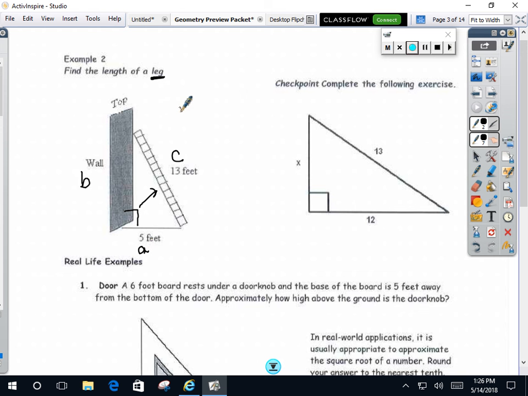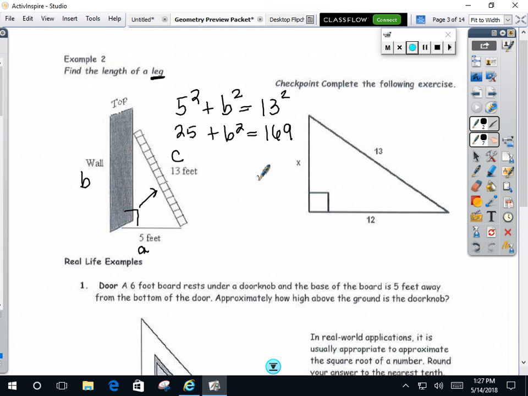So it would be A squared, which would be 5 squared, plus B squared, which will remain B squared because we don't know the B, that's what we're trying to figure out, equals C squared, which would be 13 squared. Now you simplify by squaring the 5 and getting 25, and 13 squared becomes 169.